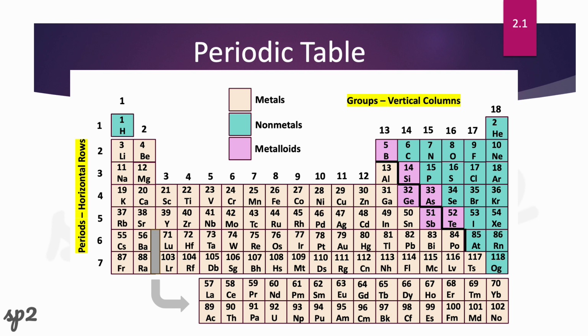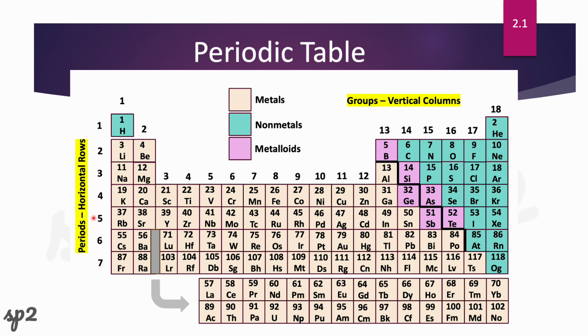So the horizontal rows of the periodic table are called periods. The first period, as you can see, has only two elements, which are hydrogen and helium. The second and the third periods consist of 8 elements each.